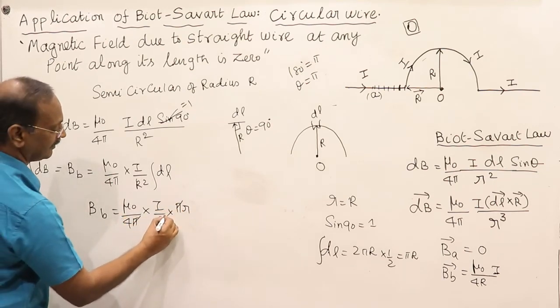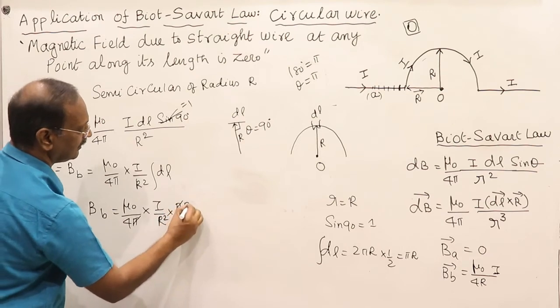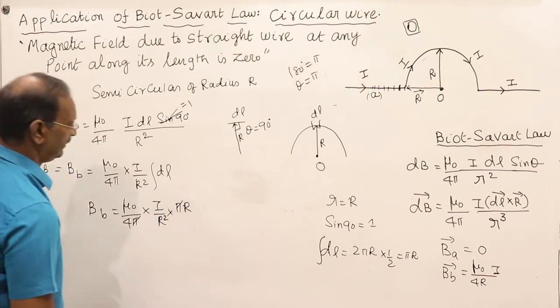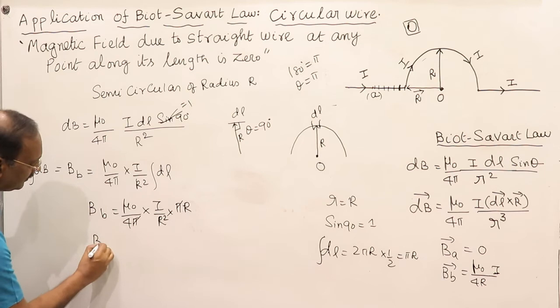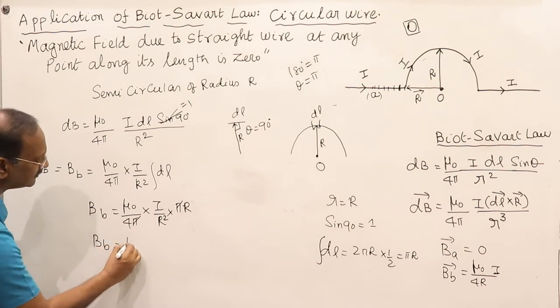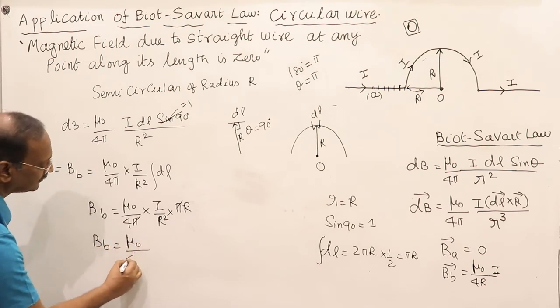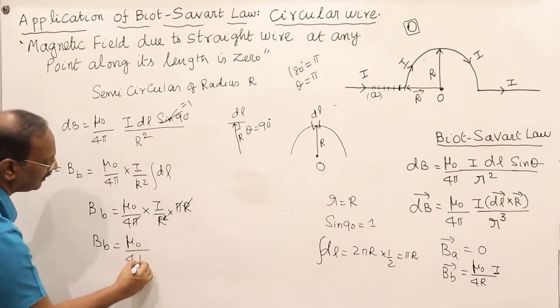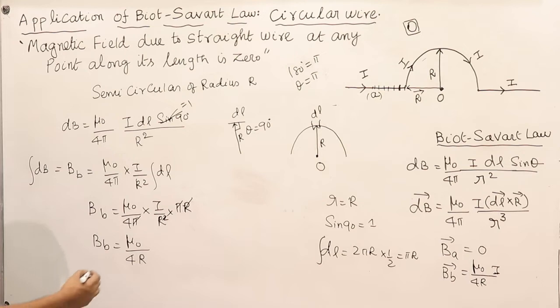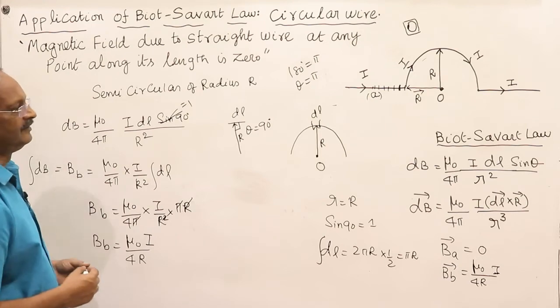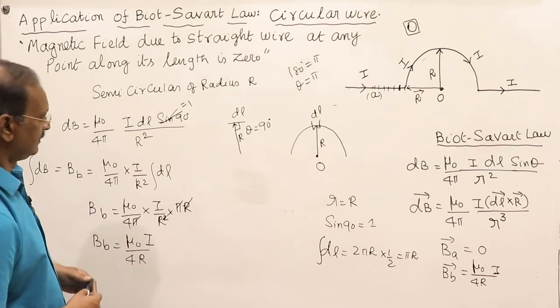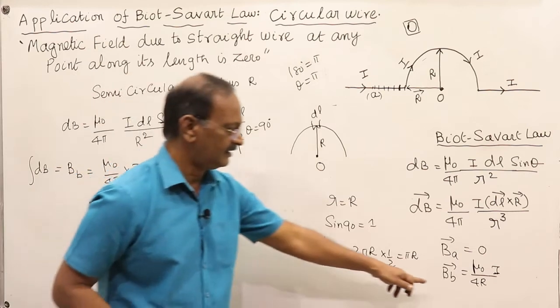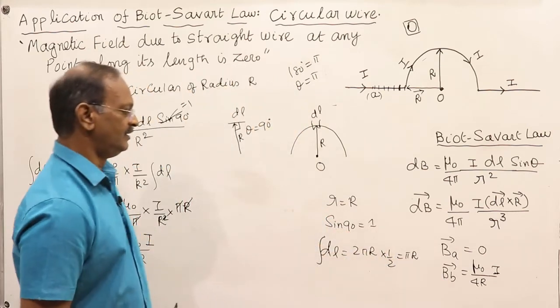Therefore, the magnetic field due to portion B is equal to mu naught I by 4r. What about the direction? We have to find out the direction. So this matches the result we already found, mu naught I by 4r.